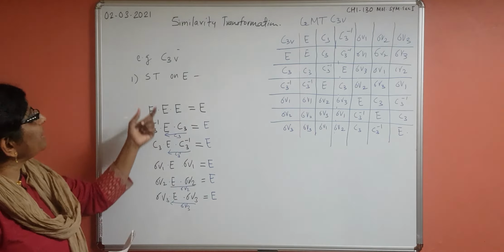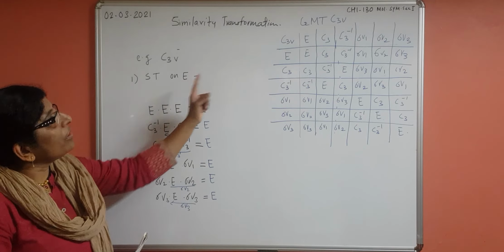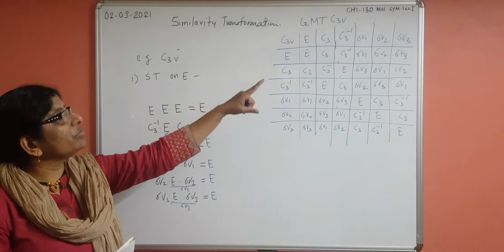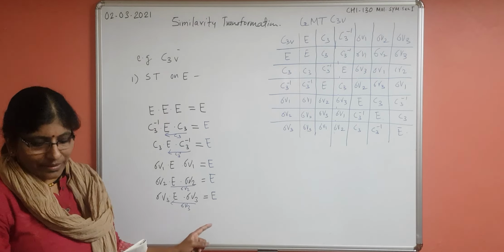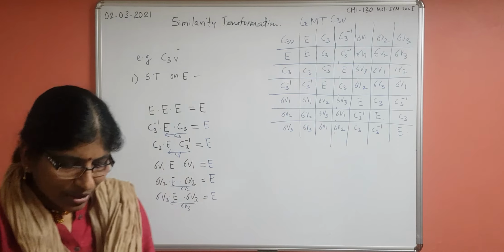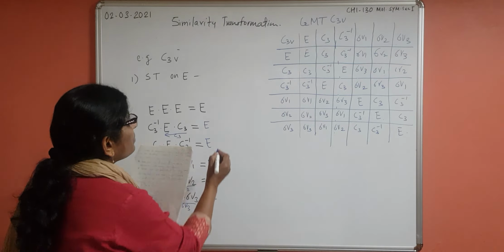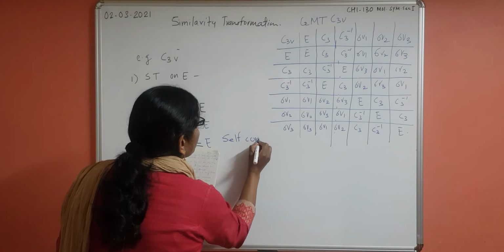So when we do similarity transformation on the identity symmetry element by all symmetry operations involved in the C3v point group, we will end up with only one answer, that is identity. And if E is the only answer for all operations, then we call it self conjugation.